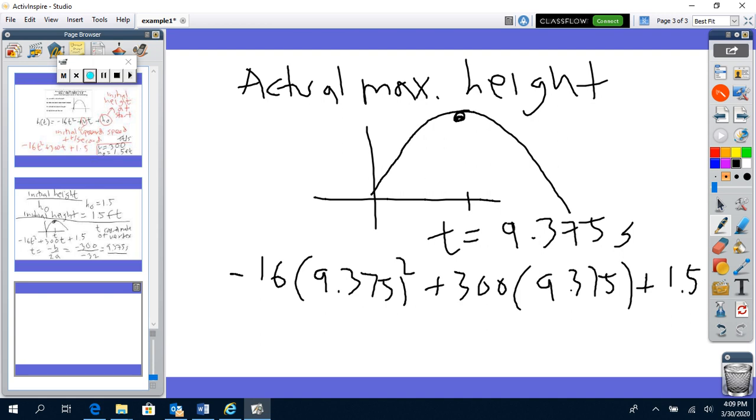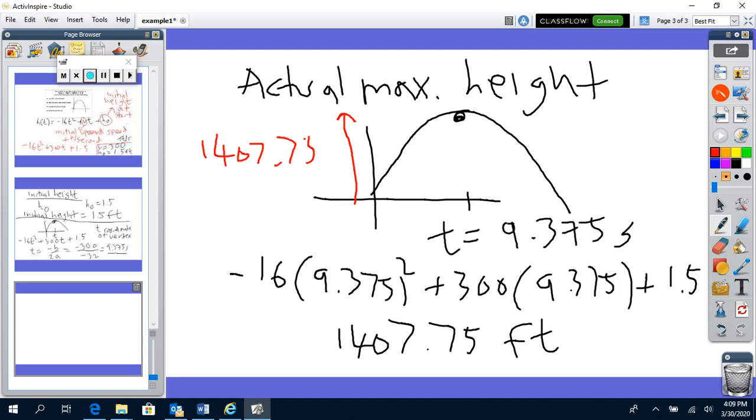If we do that, we should get 1407.75 feet. So the maximum height of the rocket is going to be 1407.75 feet. This is going to be our final answer.